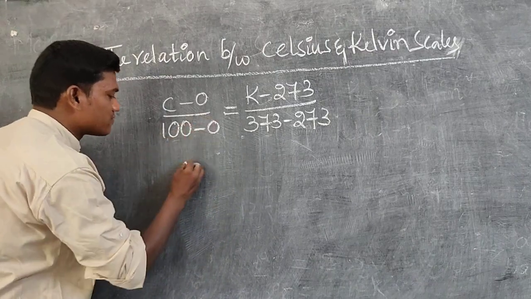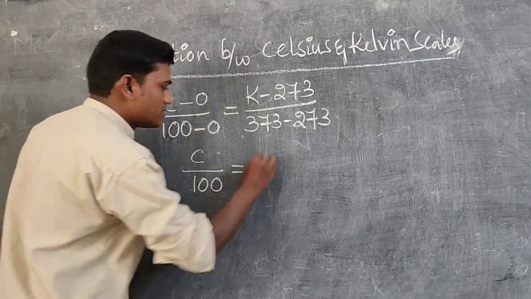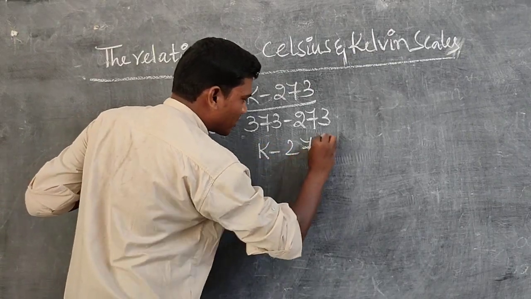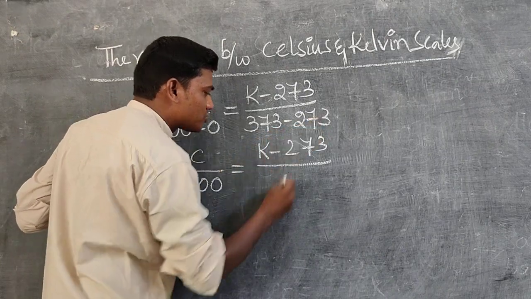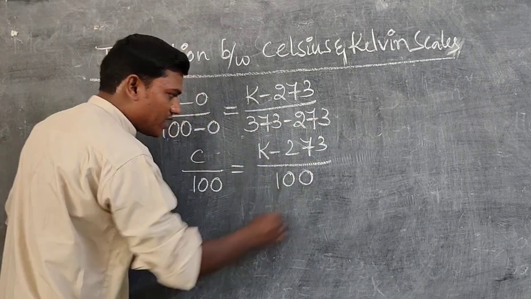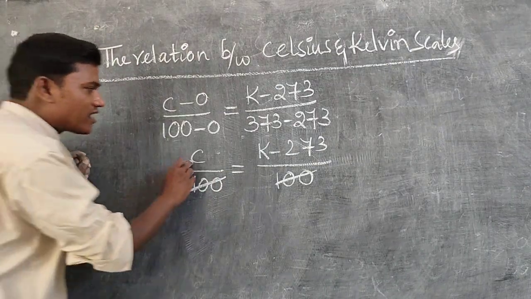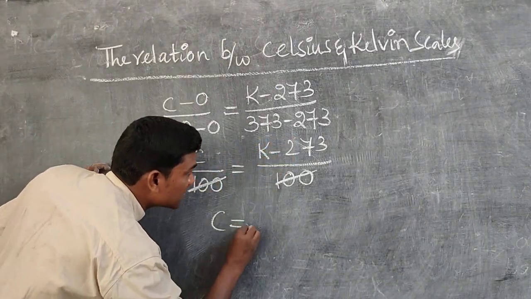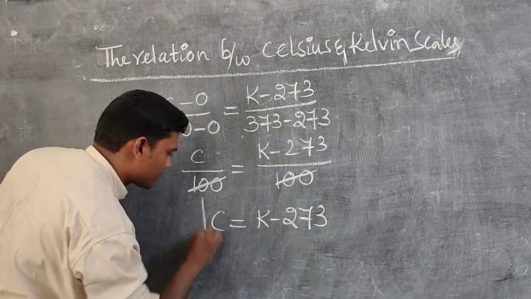Now we can simplify this. C by 100 equals K minus 273 by, what is the difference 373 minus 273? 100. That's why the 100 gets cancelled on both sides. What is the remaining term? C is equal to K minus 273.